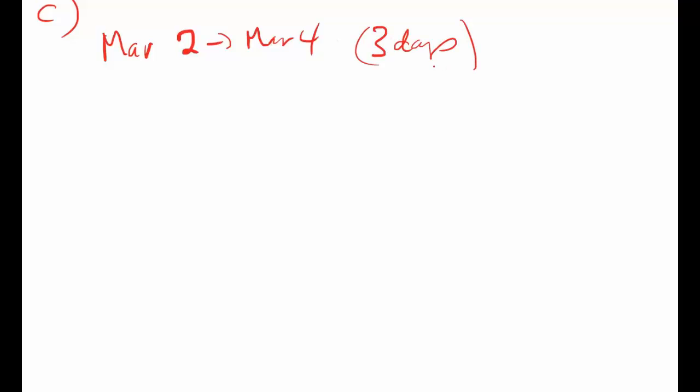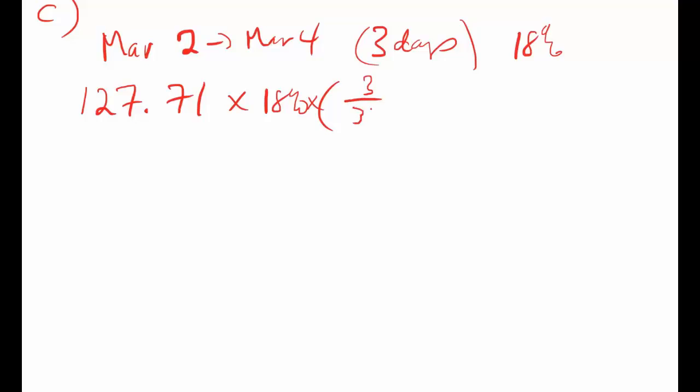So from the chart, we know that from March 2nd to the March 4th, that's 3 days inclusive, because it includes those days. It's 18%. So anything over $1,000, so it's $127.71 over $1,000. Times that by 18%, times 3 days out of 365, and that works out to 19 cents.